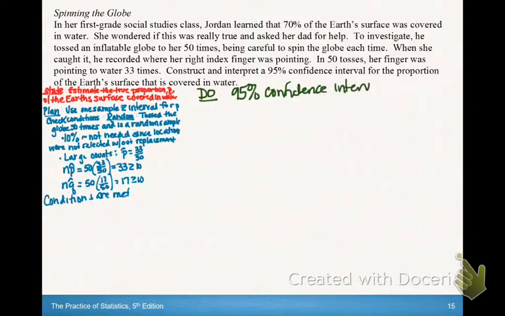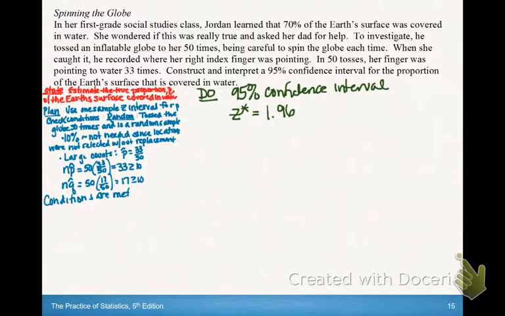So we need to find our critical value, which is z star. You can use table A in the book, or you could use the inverse normal. But when we put that in there, for 95%, our critical value is 1.96.